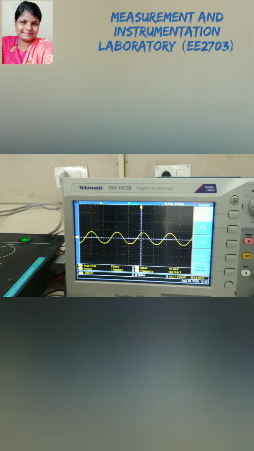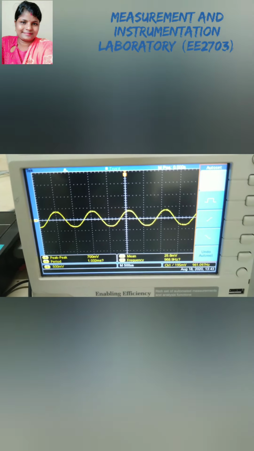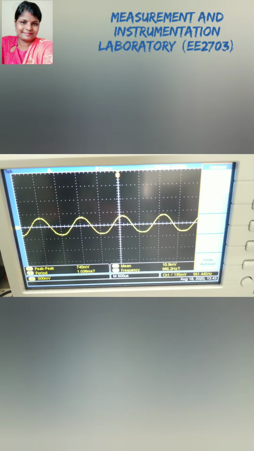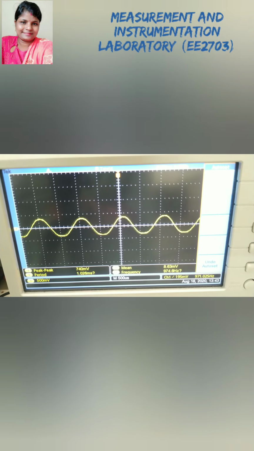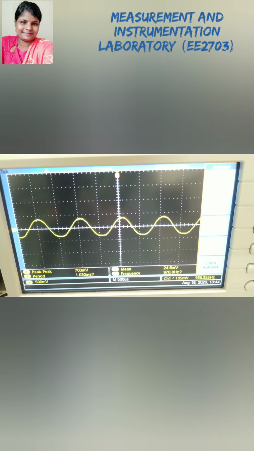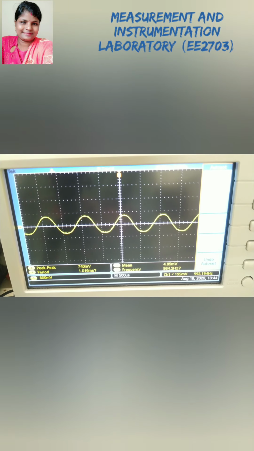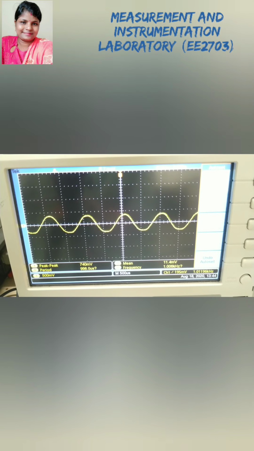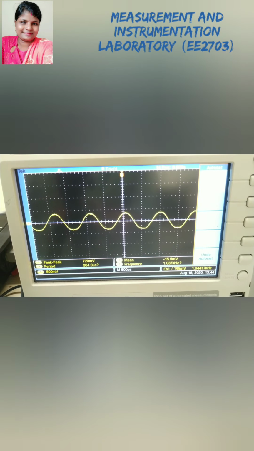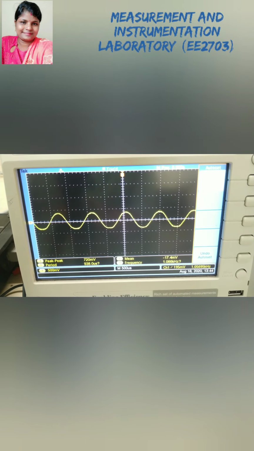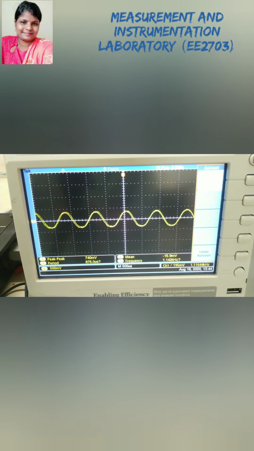When the frequency is 2 kilohertz, check by using the CRO. By increasing the value of the frequency control, that should be 2 kilohertz.